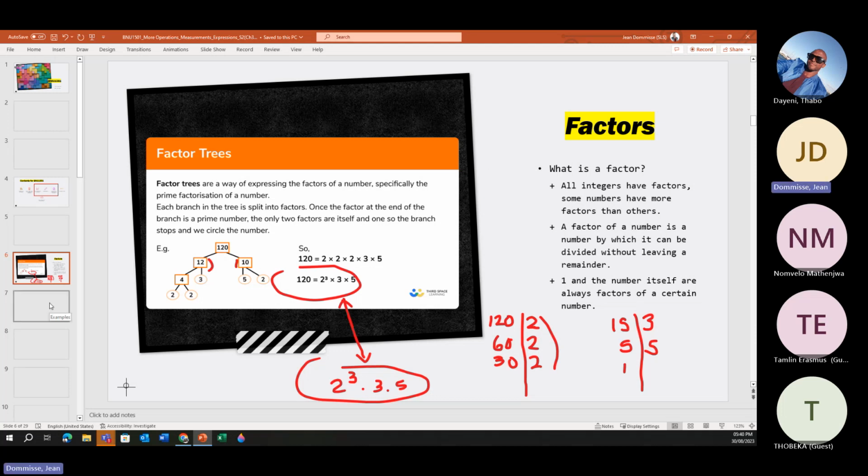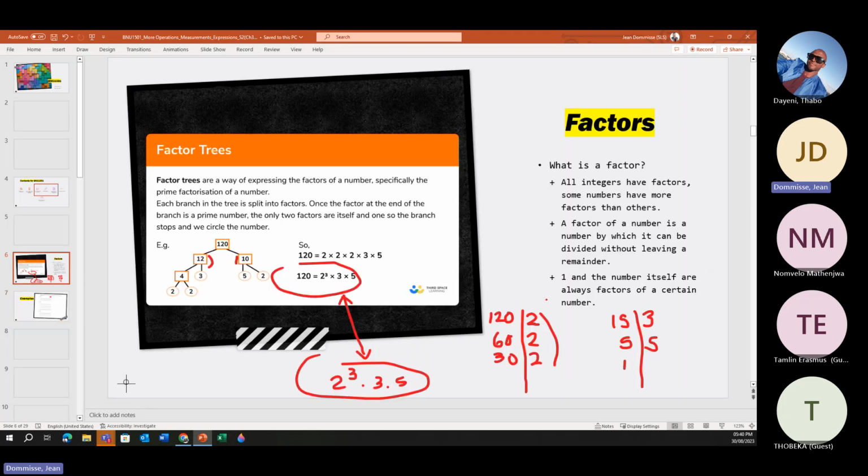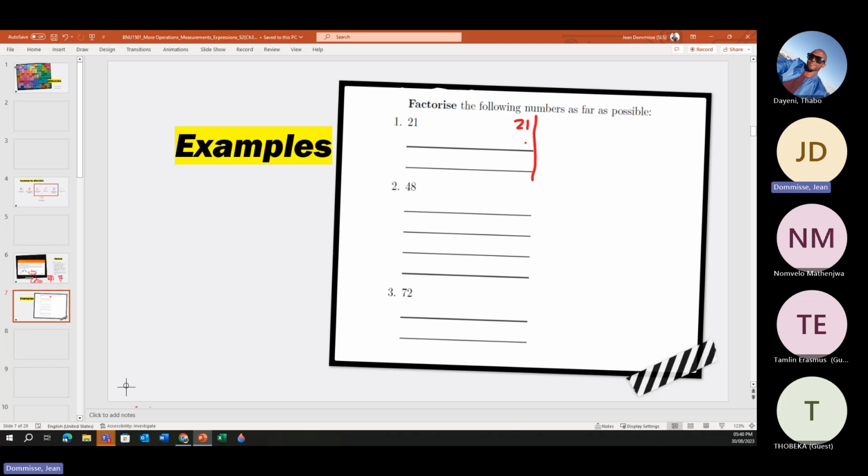Okay, so let's go through a few other examples. We can look at how to factorize 21, 48, and 72. Again, how I always start is to ask what's the smallest number that can go into 21. That is 3. 3 goes into 21 7 times.